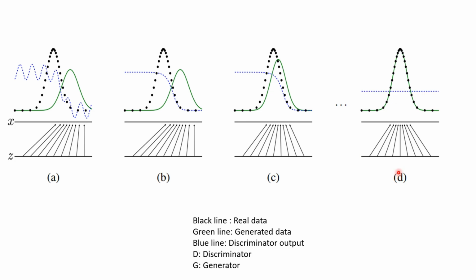Finally, in figure D, G has successfully found the mapping that best resembles the real data. At this stage, D is confused and assigns a probability of 0.5, indicating it cannot determine whether the data comes from the real distribution or the generated distribution.